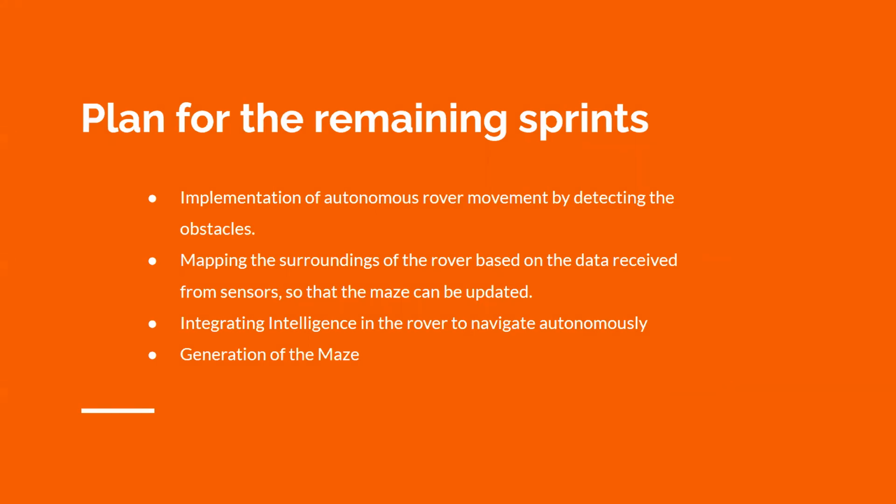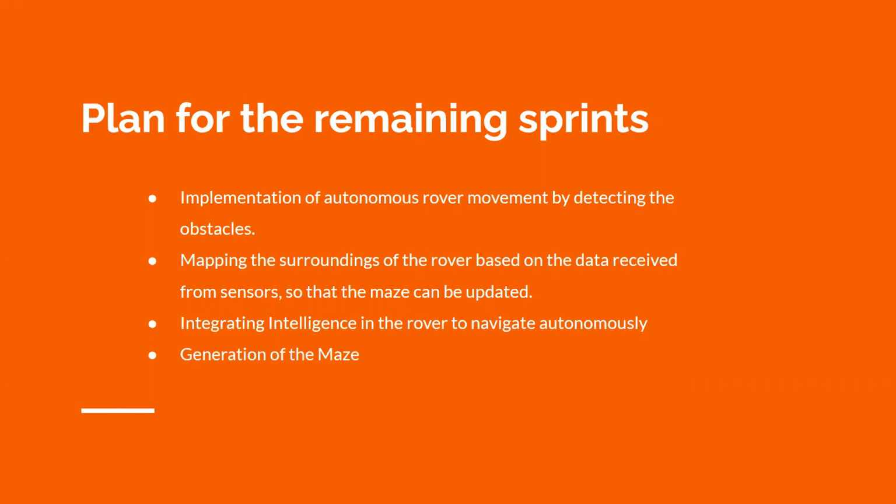Our plan for the remaining sprints is that now that we have a working rover whose control is in our hands, and we were also able to move the rover in every single direction and also mount sensors on top of it, the remaining part of the project is that we have to make the rover autonomous, and the rover should detect obstacles and move accordingly.